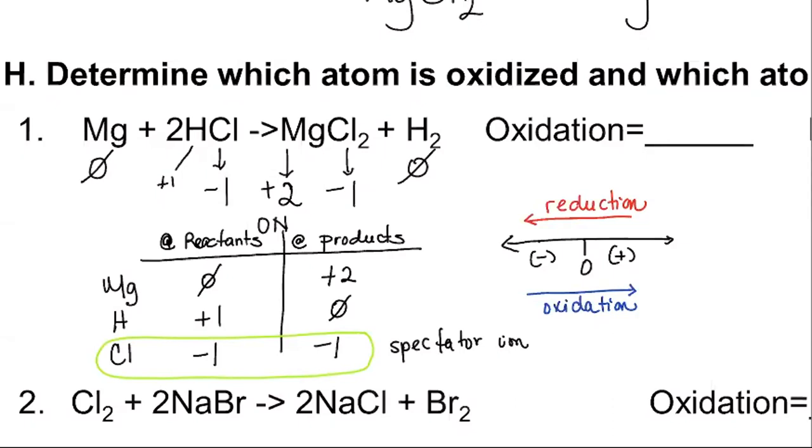Great job. Hydrogen undergoes reduction because it was, let's say, +1, and then it went to 0. So it did this. So if hydrogen undergoes reduction, that means that magnesium is what got oxidized. And when we look at this, makes sense. It was at 0 and then it became positive. So that's why it undergoes oxidation.